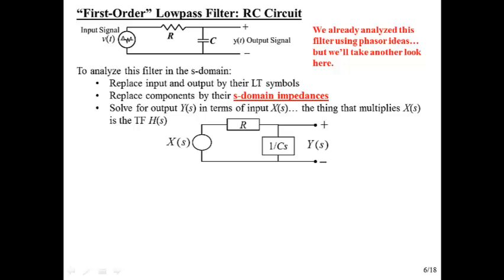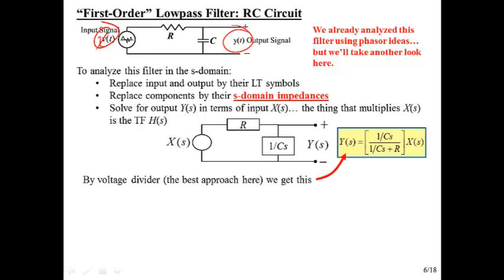Inputs and outputs, I guess I should have called that X, will be replaced by their Laplace transforms, and components will be replaced by their S-domain impedances, and then we just use any DC circuit analysis tricks that we want to solve for Y of S in terms of X of S. And then the thing that ends up multiplying X of S, that's our transfer function.